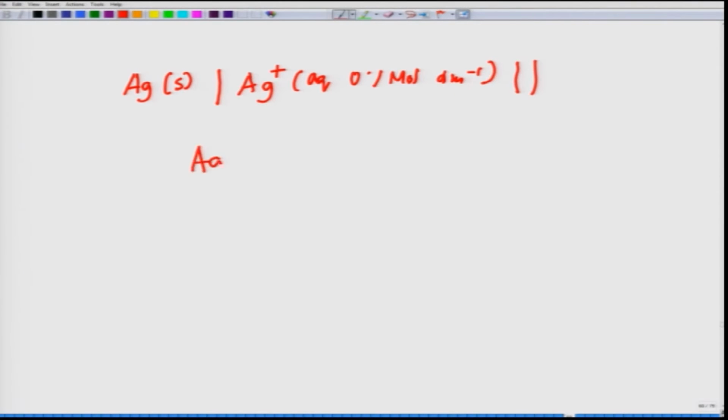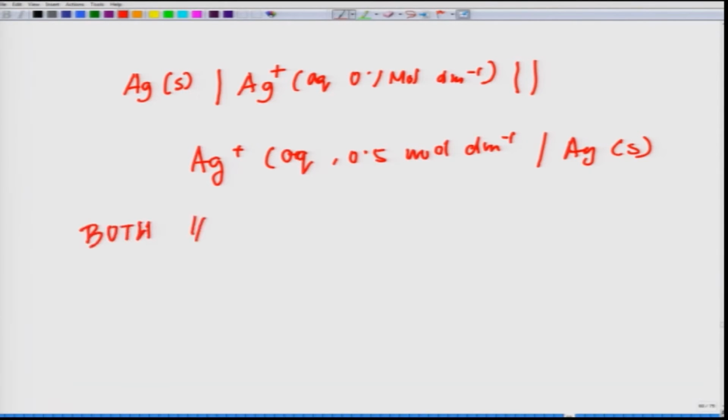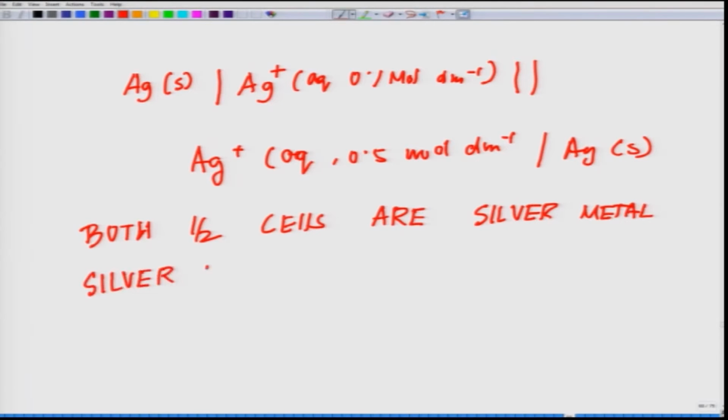On the other side, you have silver again, Ag plus aqueous, but 0.5 molar, and Ag solid. Both half cells are silver metal, silver ion electrodes.